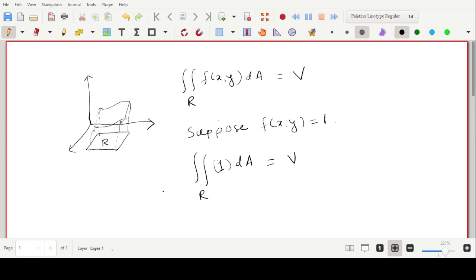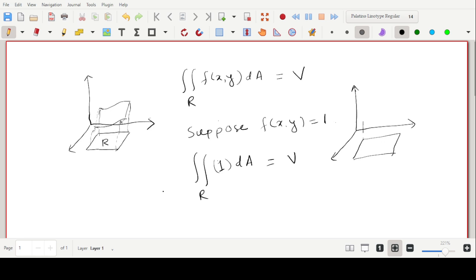But what does this constant function look like? Now it will look like a rectangular cube. Here we have our rectangle R, and now at every point we are plotting the function f at a distance 1 from this region R, because our function is taking value 1 uniformly.